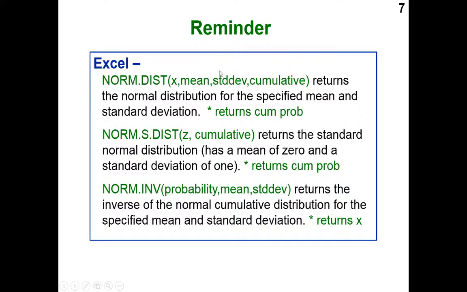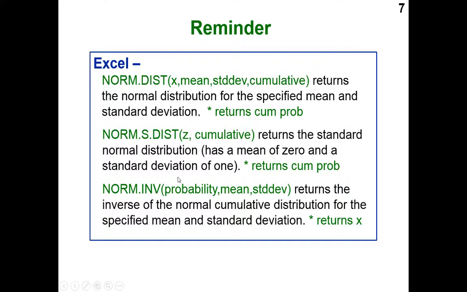Or instead of having the x, the mean, and the standard deviation, if you convert that over to z-score, which you can do from that equation that you saw back in slide 2, then you can just use norm.s.dist and put in the z instead of these three values. In both cases, these return the cumulative probability from the left.